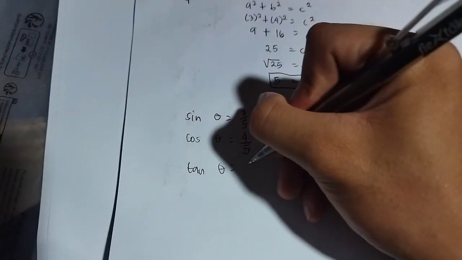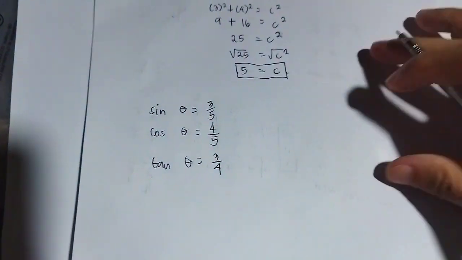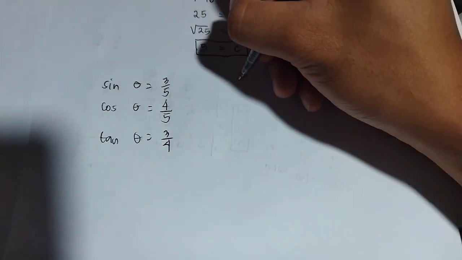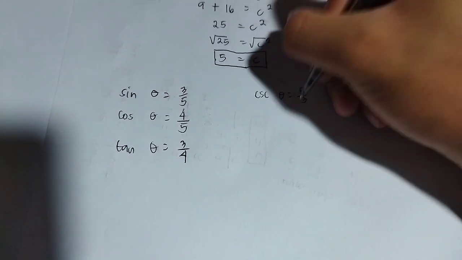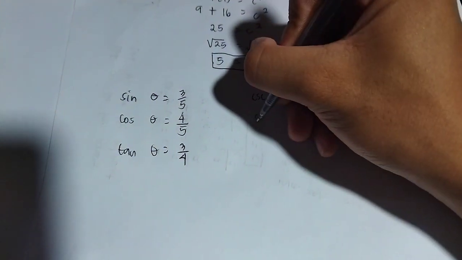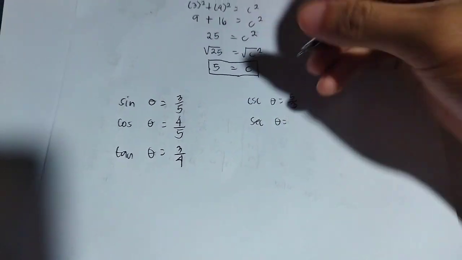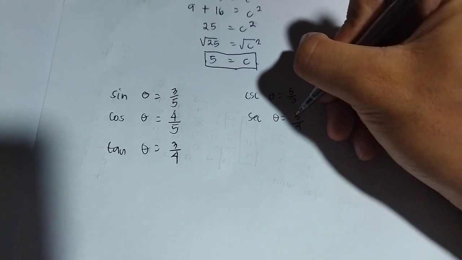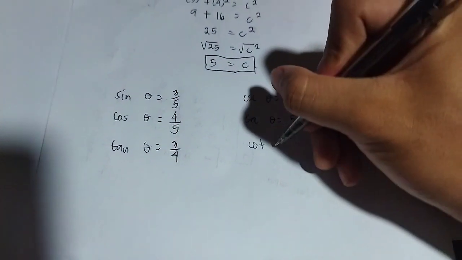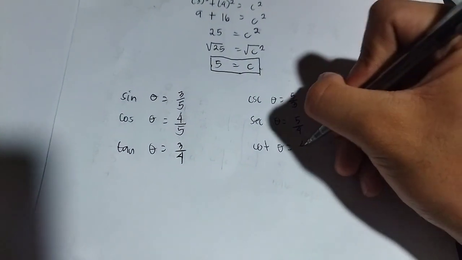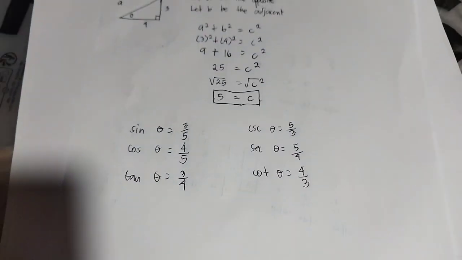Tangent theta is equal to 3 over 4. Cosecant theta is equal to 5 over 3. Secant theta is equal to 5 over 4. And last is cotangent theta is equal to 4 over 3.